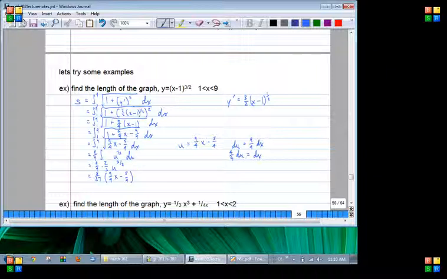And what still needs to be done? From 1 to 9, the boundaries, don't forget that.